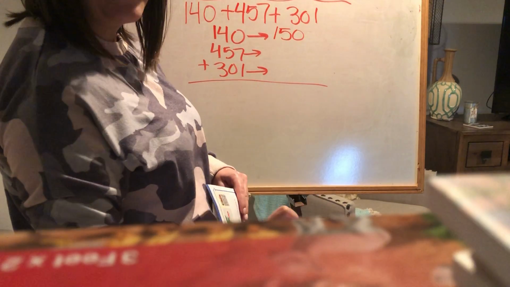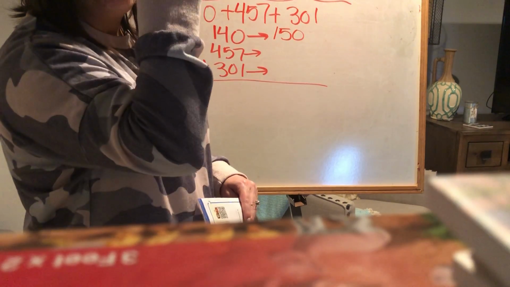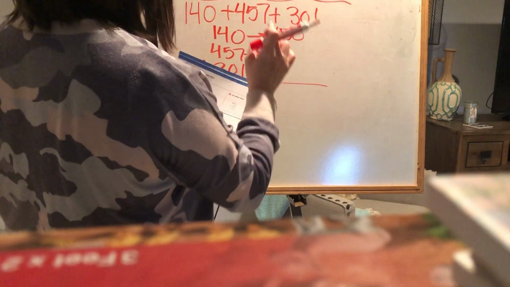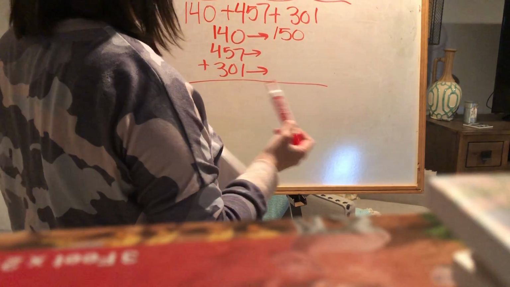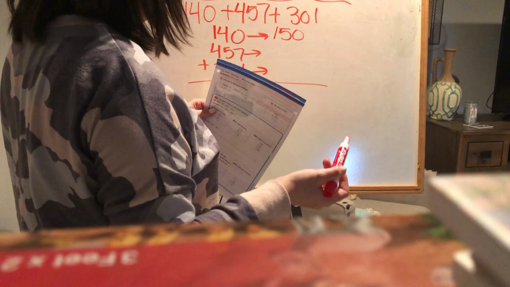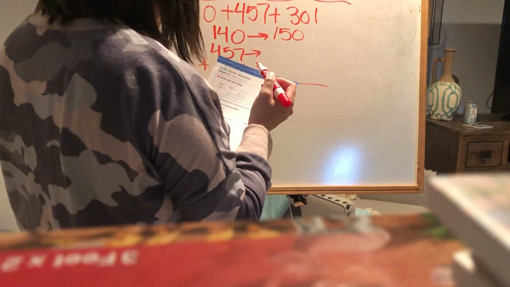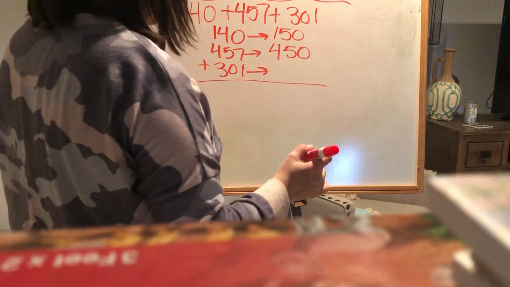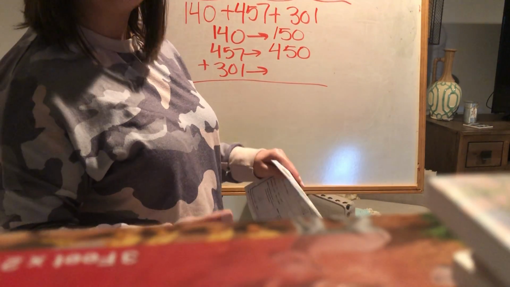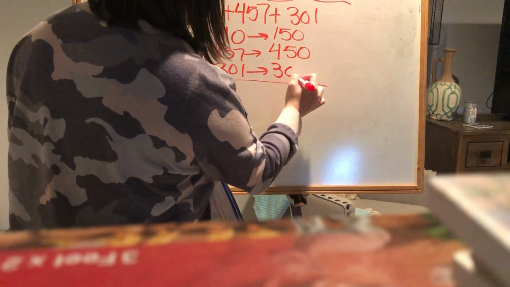Remember, we talked about that, making it easier to add mentally. So 457, ask yourself, what can we round that to make it easier for us to add in our head? So let's do 457 and round it to 450. And then we have 301. Well, that's very obvious. We can estimate that to 300.